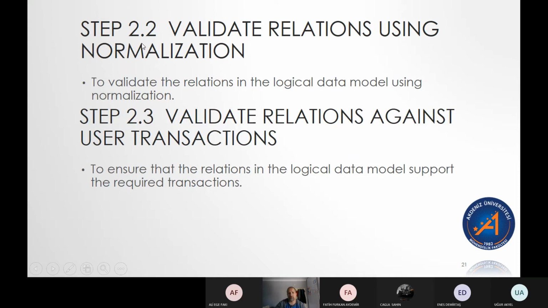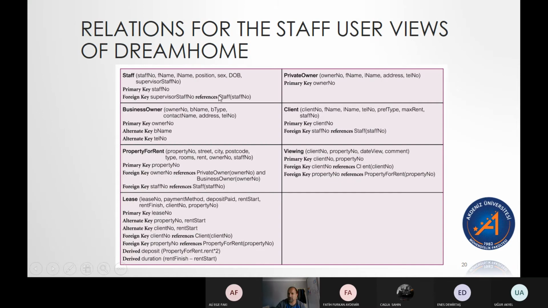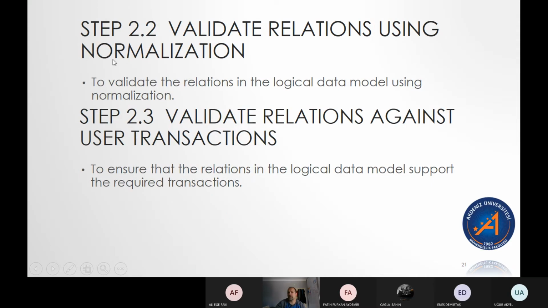Normalization. Once we've created all of our tables, our relations, and the general idea of some of the key parts, the primary key, foreign key, and some of the other information, we can validate that using normalization. We're going to make sure that to whatever level of normalization we need to be at, our relations are actually normalized to that level.